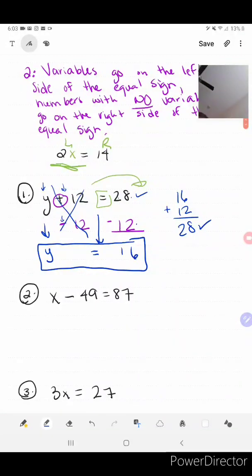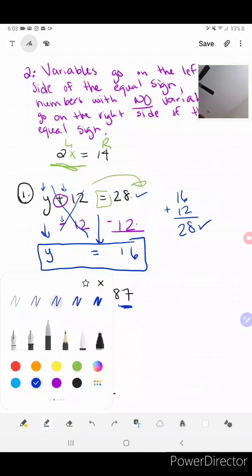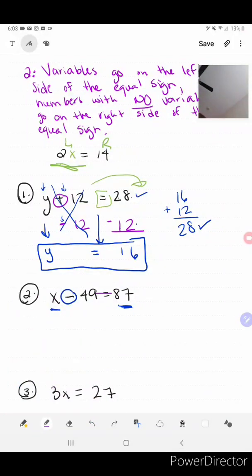Same steps go for number 2. What sign do we have here? Minus. We've got x's on the left, numbers on the right. This number does not belong here. So we do the opposite of the sign. We have a minus for this one, so the opposite sign is plus. And then same thing, we're going to move it over to the side where it belongs.